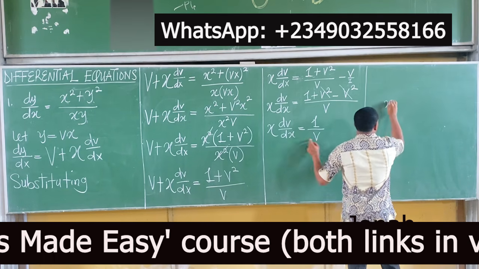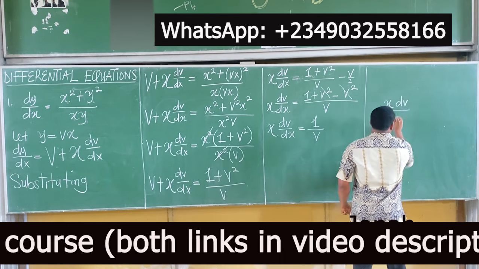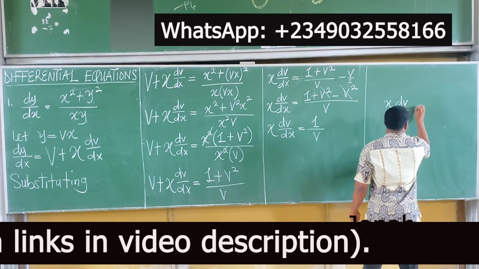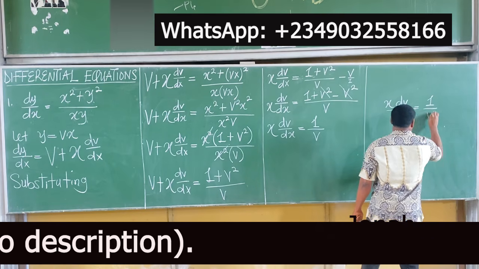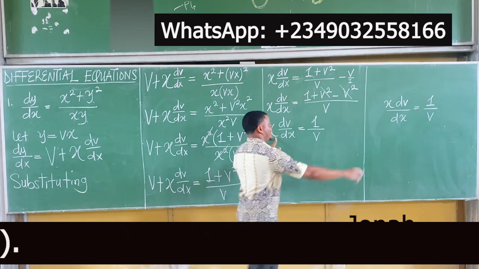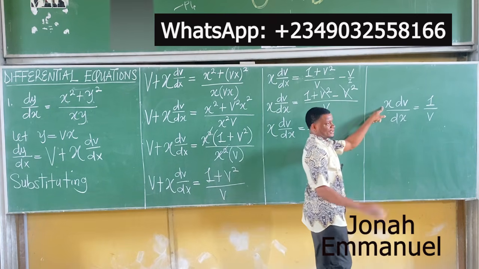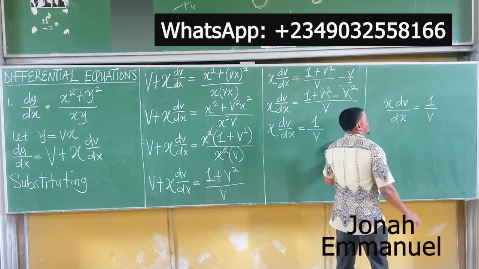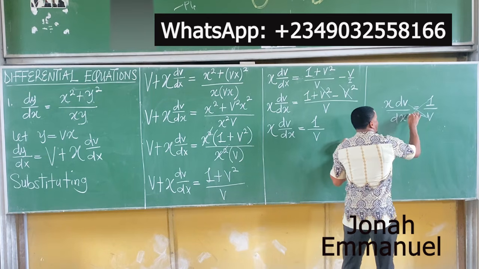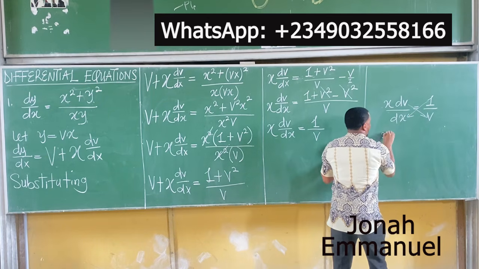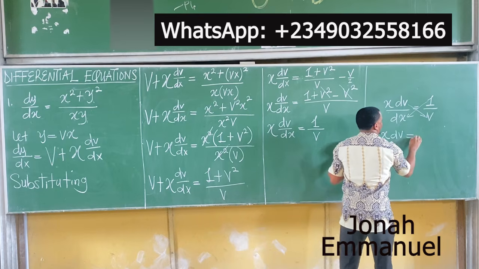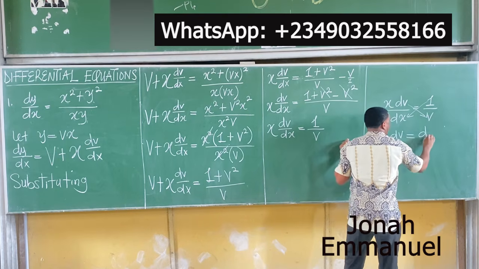You're having x dv all over dx is equal to 1 over v. Please listen. This and this are the same thing. You can take this one here to numerator like this. It's still correct. If you want to do cross multiply, this and this, this and this. So I have x dv is equal to dx times 1 is dx.